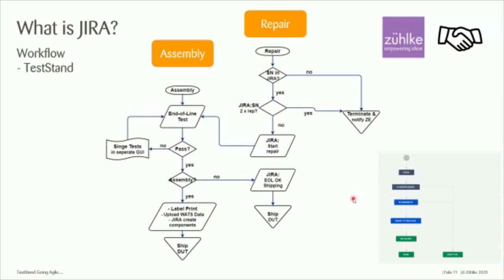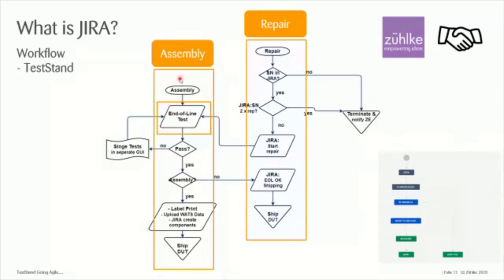So let's say we start off with an assembly. The device under test is being assembled, and once it is done, it goes into the end-of-line tester. So this is actually basically the core of it. This is my TestStand code that calls LabVIEW, that speaks with the device under test.